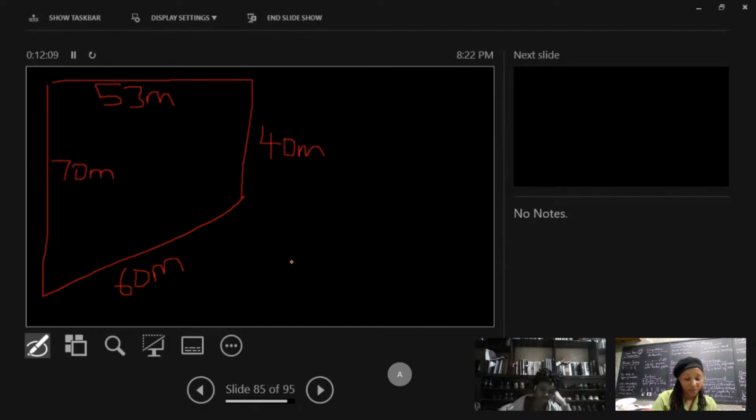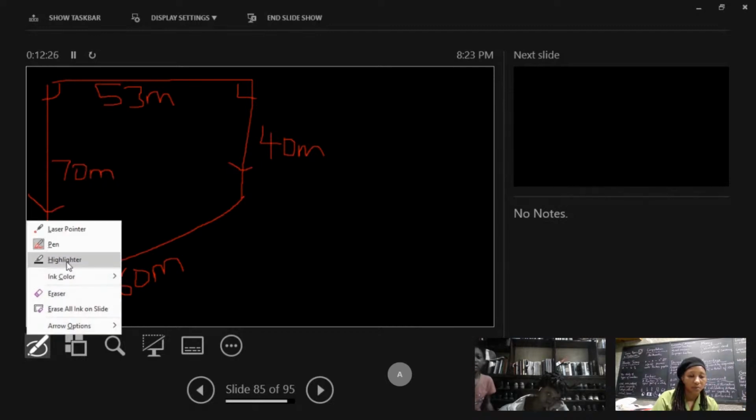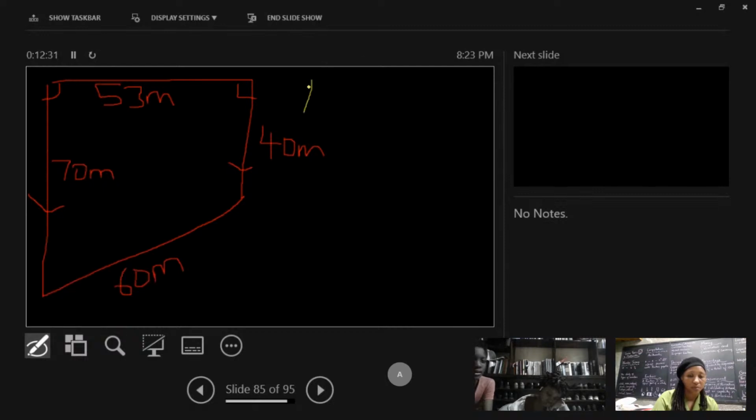All right, so let's start with you, John. I want to know the area of this trapezium. Okay, miss. So to find the area for the trapezium, miss, the area is a plus b over two times the height.